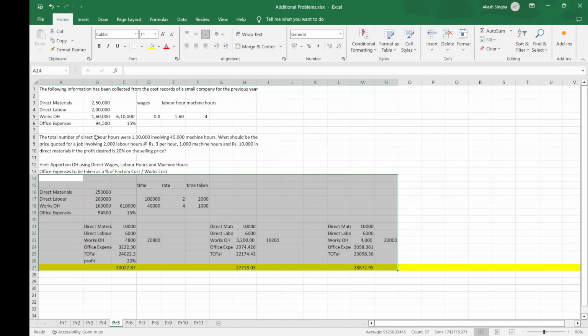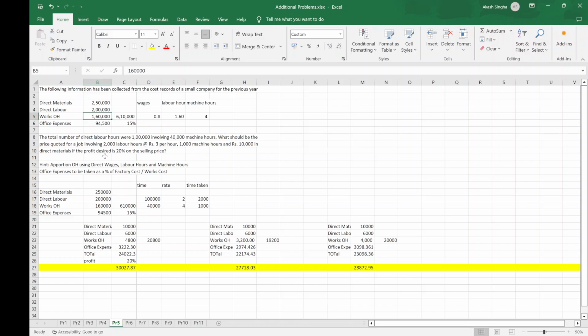So, apportion overhead using direct wages, labor hours, and machine hours. It's just calculating the overhead in different ways. Overhead is 1,60,000. If we use direct wages, it will be 1,60,000 by 2 lakh, which is 0.8.